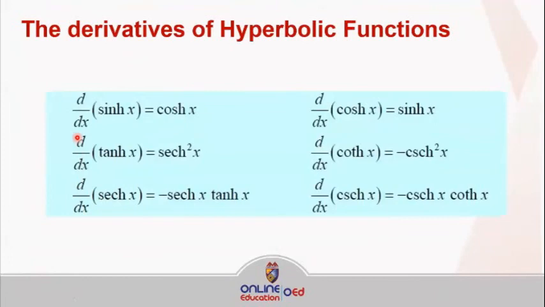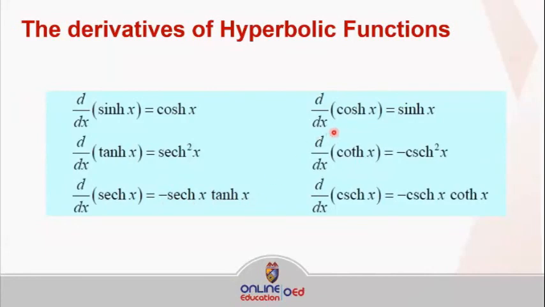And for the derivation kanina, yung mga functions pa lang. Now, paano na tayo magde-derive using the hyperbolic functions. Sabi natin, for the derivative of sinh x, we have cosh x. For the derivative of tanh x is equal to sech squared x. For the derivative of sech x, we have negative sech x tanh x.